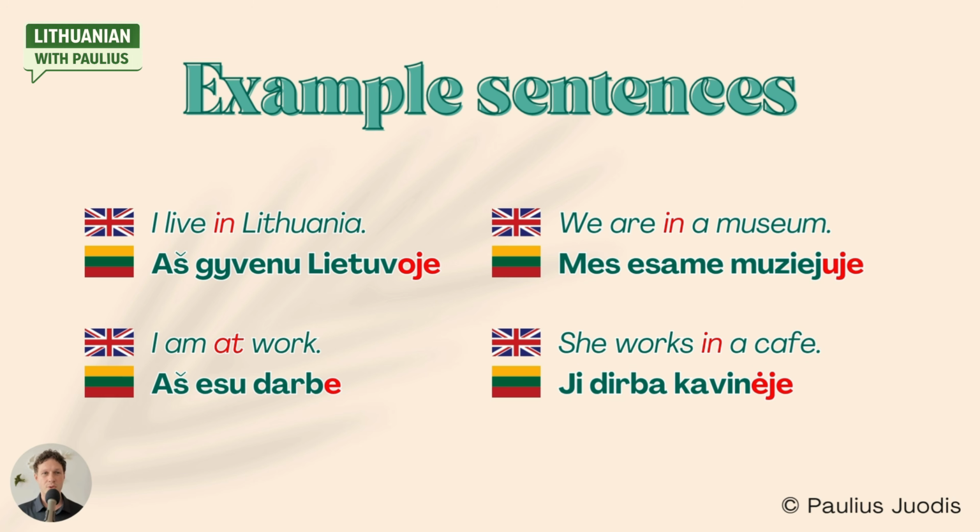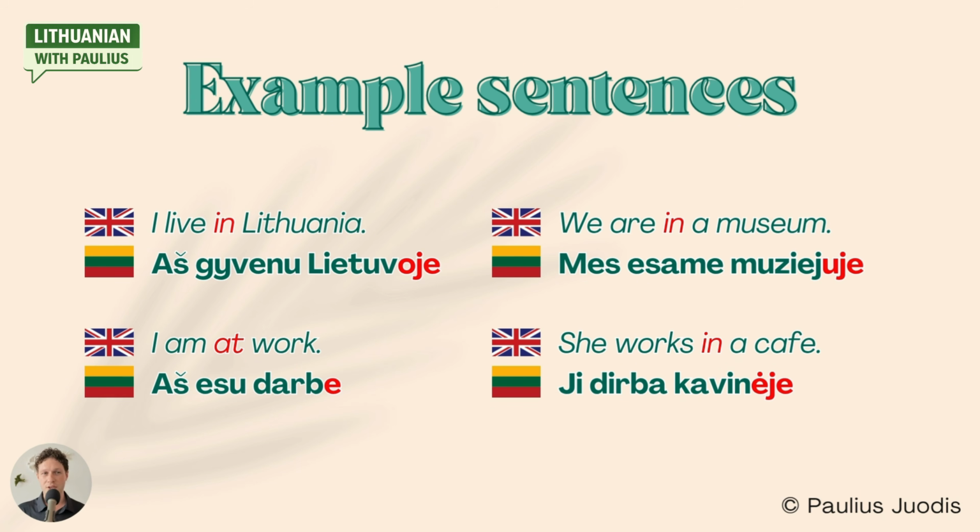Aš gyvenu Lietuvoje. We'd not say aš gyvenu Lietuva. That wouldn't make any sense because then we would have 2 subjects, aš and Lietuva. We want to show the relationship between I and Lithuania. I live in Lithuania. So aš gyvenu Lietuvoje.